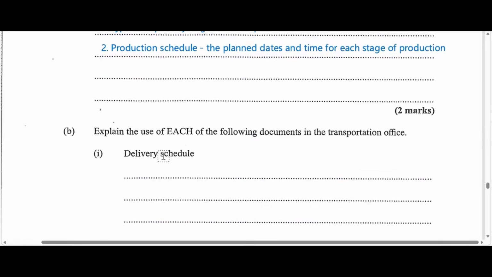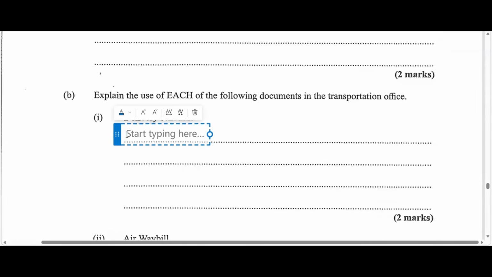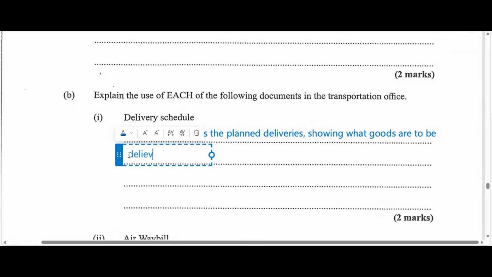Explain the use of each of the following documents in the transportation office. We have the delivery schedule. Beautiful. This document lists the planned deliveries, showing what goods are to be delivered, to whom, and when.